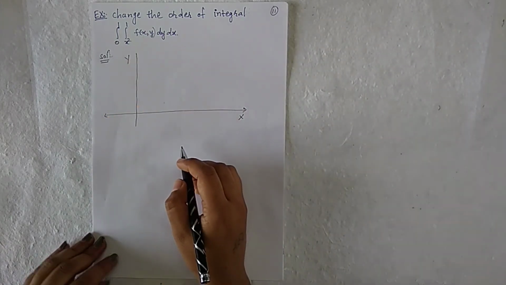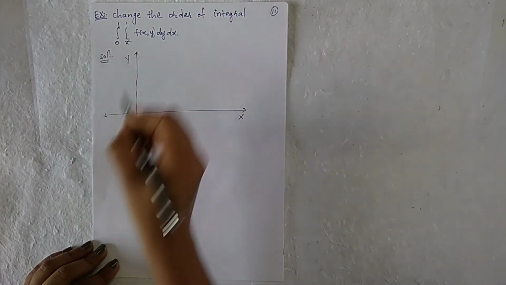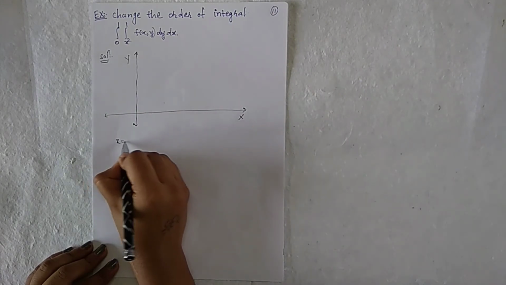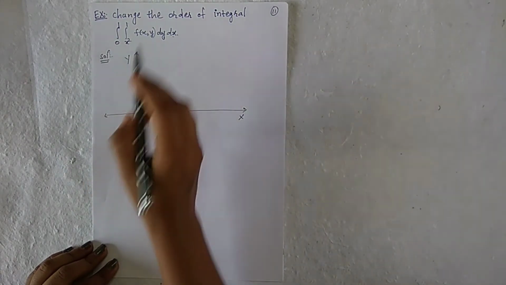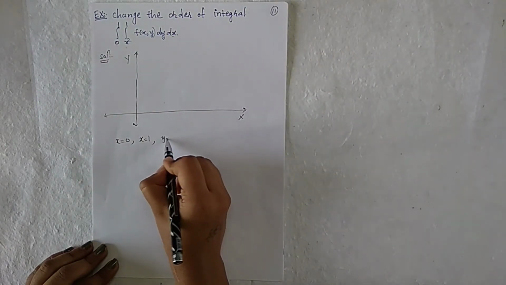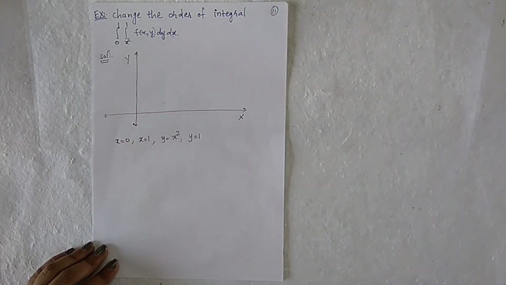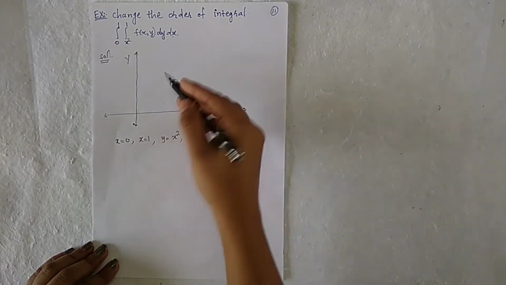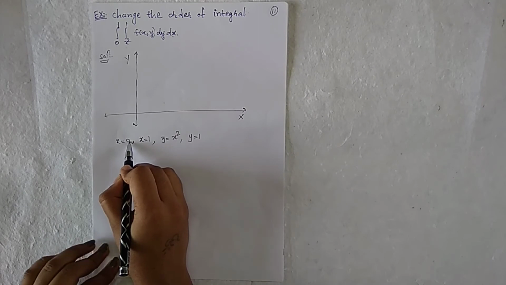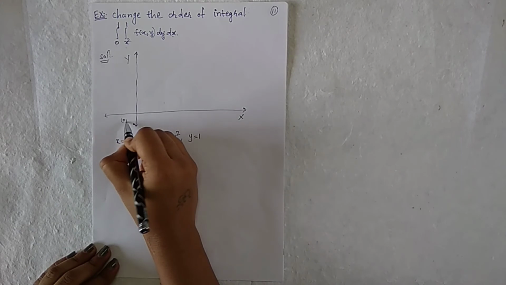Here the region of integration is bounded by, in this case, x is equal to 0, x is equal to 1, y is equal to x square, and y is equal to 1. So put all these in geometrically. First is x is equal to 0. X is equal to 0 is the y-axis already here.